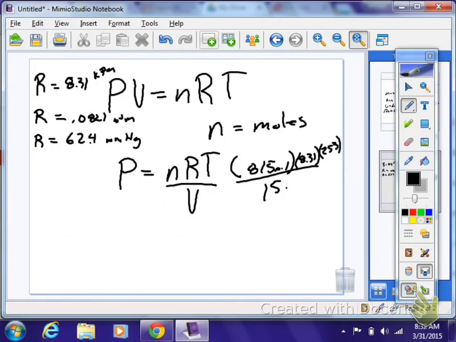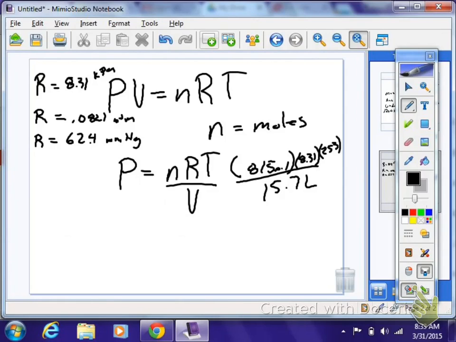Just a reminder for those who were gone yesterday, everything has to be in liters. If you have it in milliliters, you've got to convert it. Everything in the ideal gas law has to be in liters. Any questions on that? I'm not going to do the work, but it should come out to be the answer I gave.